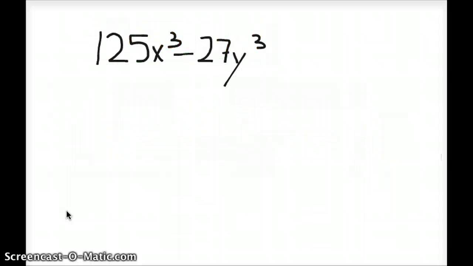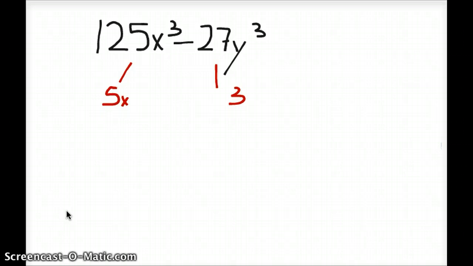Our next example is 125x cubed minus 27y cubed. Now, we must ask ourselves, what is a in this equation? In this equation, a is 5x, and also in this equation, b would be equal to 3y.